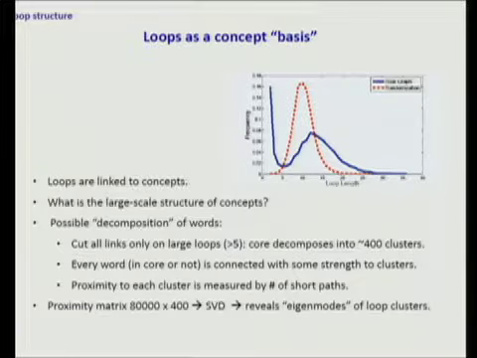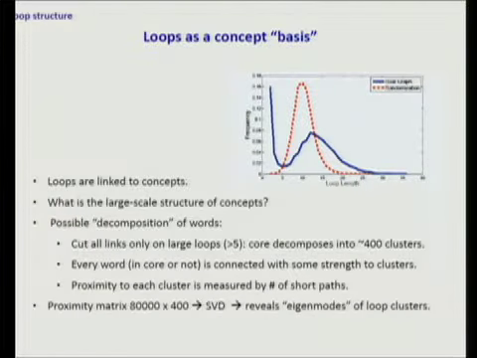So we take all the clusters of loops, strongly connected loops of length that is smaller or equal to 5. Then we find in the core about 400 clusters. And now we take every word, either in the core or outside the core, and we measure the number of short paths going to each of the clusters.